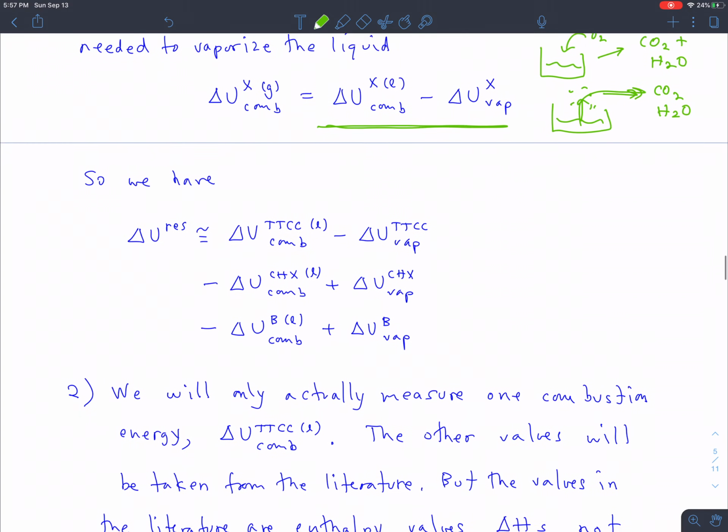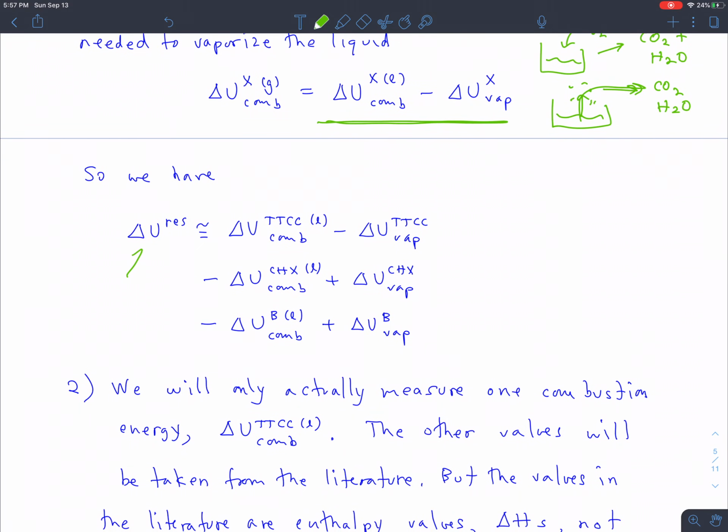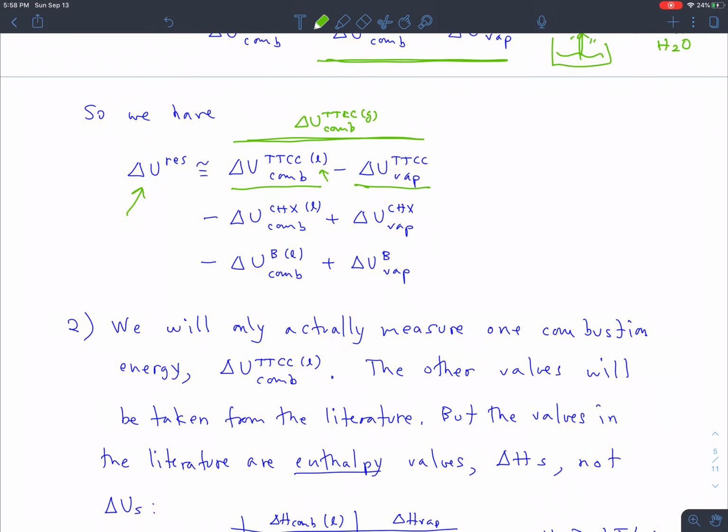So with that relationship, our estimate of the resonance energy is the delta U for TTCC in the gas phase for combustion, but that's the same thing as the delta U in the liquid phase for combustion minus the delta U for vaporization, and the same thing for cyclohexane and the same thing for benzene.